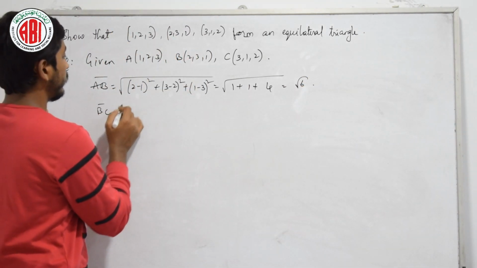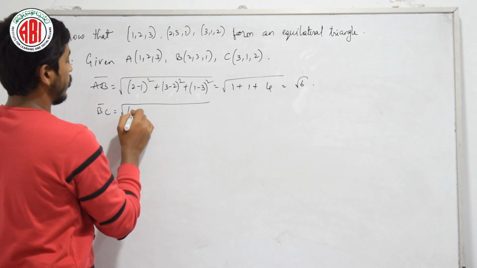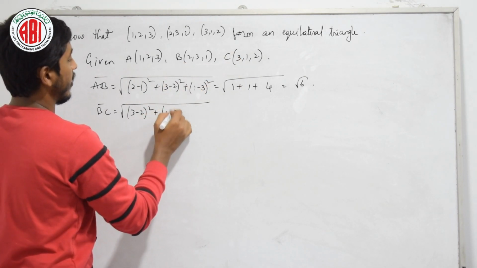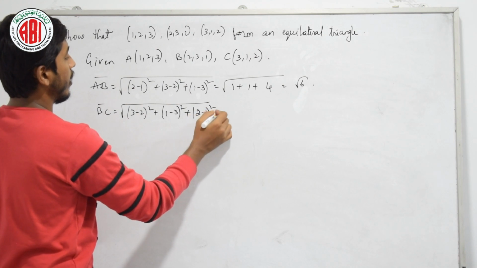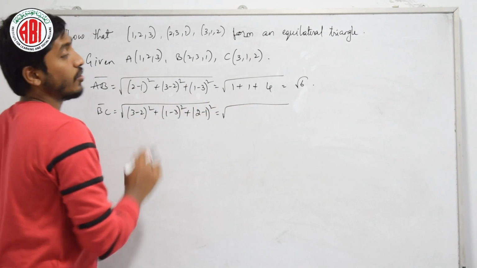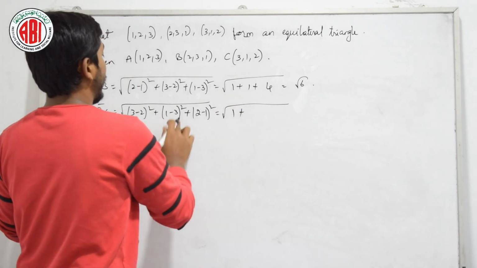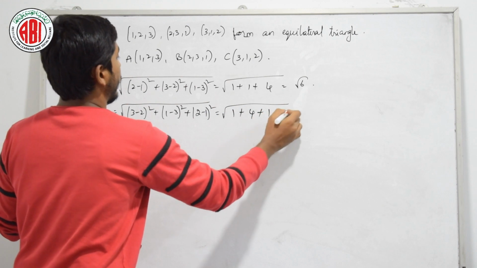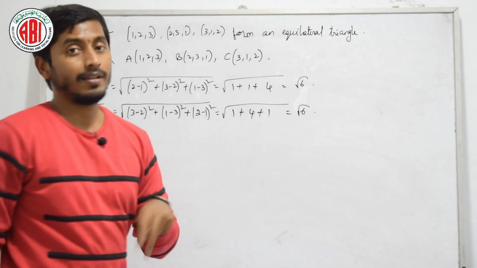Let us check for the second. BC, under root, what is BC again? (3 minus 2) plus (1 minus 3) plus (2 minus 1), right? 3 minus 2 is 1, 1 square is 1, 1 minus 3 is minus 2, minus 2 square is 4, 2 minus 1 is 1, right? 1 plus 4 plus 1 is again root 6. Is it right?